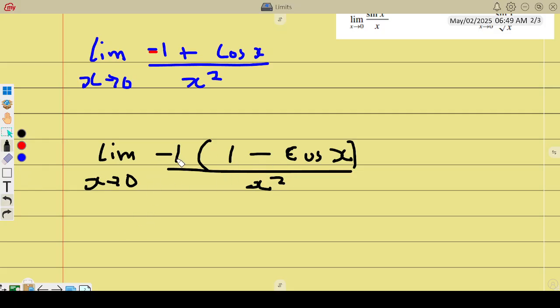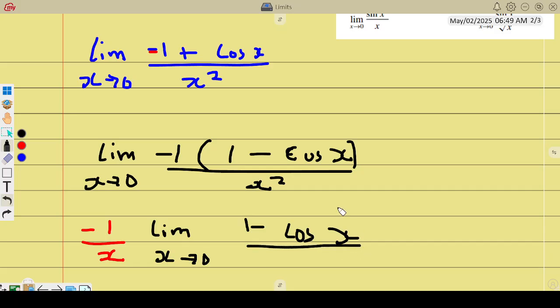And then we can factorize further. If we have a constant in the function, we can take it outside. So this will be -1. We've taken it out over, so we have 2 x's here, and we're going to take out 1 x as well. Then we'll remain with the limit as x approaches 0 of 1 minus cos x over x.